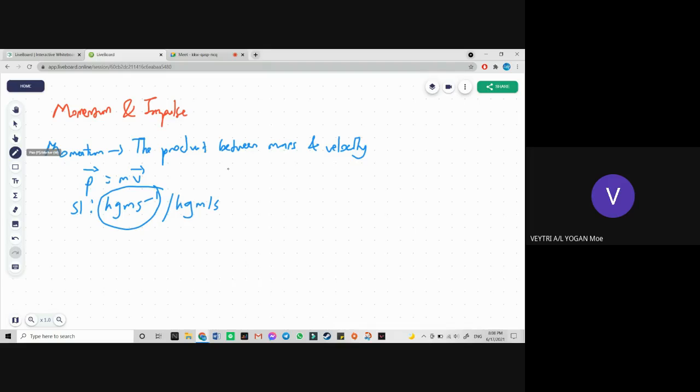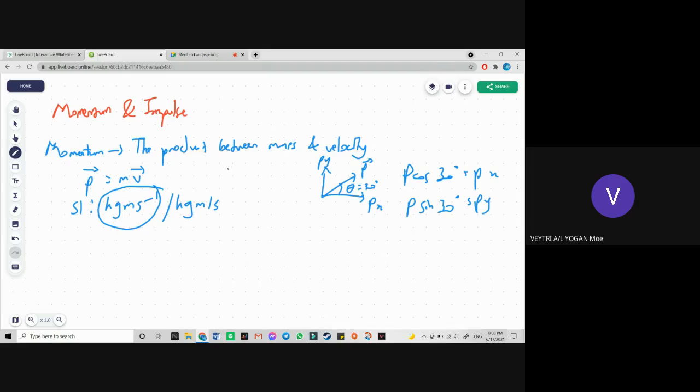Number two, what you got to know about momentum is resolving momentums. As usual, in this chapter the most important thing is resolving vectors. Let's say they give you P, and they give angle theta equals 30 degrees. You got to know how to find Px and Py. I guess you are very familiar with P cos 30 degrees to find Px and P sin 30 degrees to find Py.